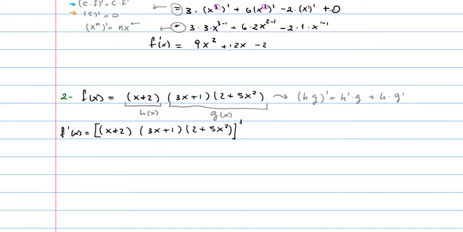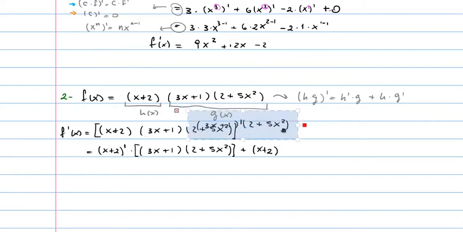And using this rule, it's the derivative of h, so x plus 2 derivative, times the other two functions without differentiating, plus the first function, x plus 2, times the derivative of the second one, so times all this derivative.